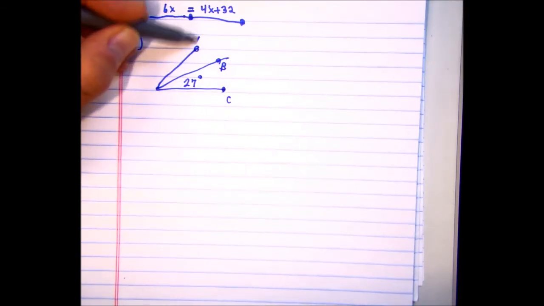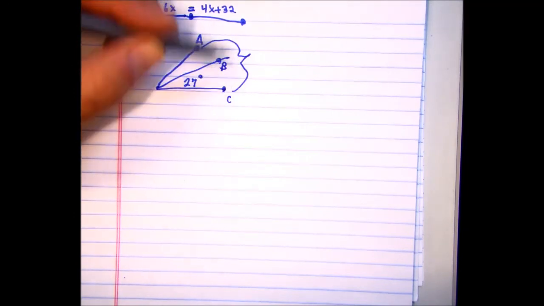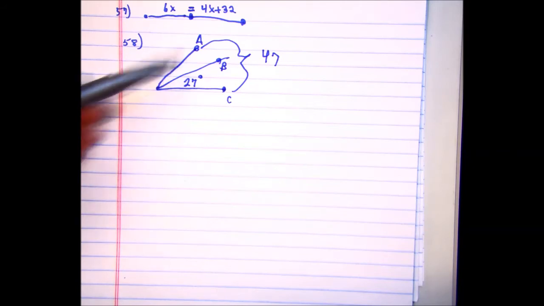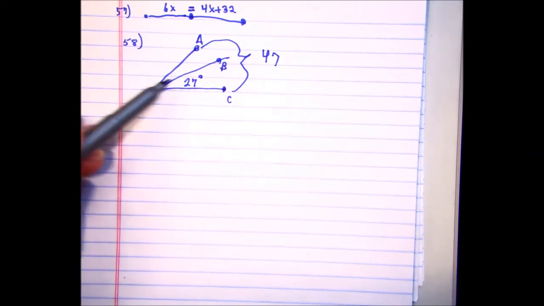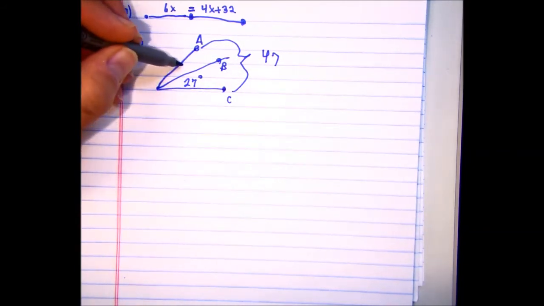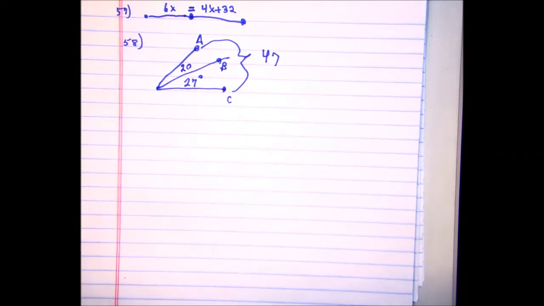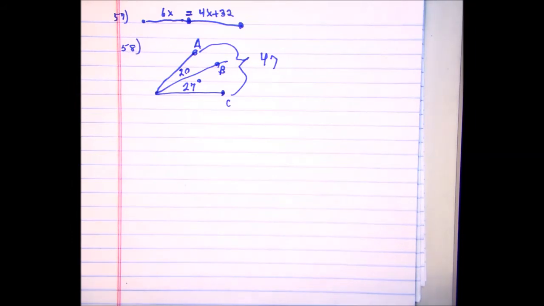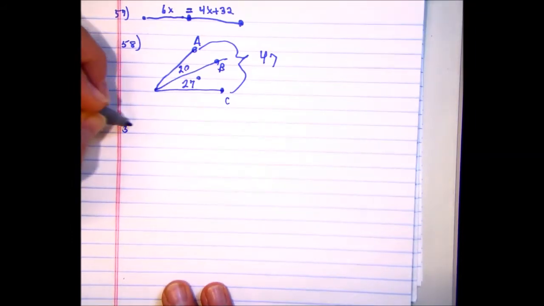And then they tell me AOC, which is the whole thing, is 47. So now they're looking for AOB. So they give me the whole thing. This is one piece of it. I wonder what the other piece is. Hopefully you do some basic subtraction and you know the 2 pieces added together equal 47. So when you subtract one piece, you get the other. 59.